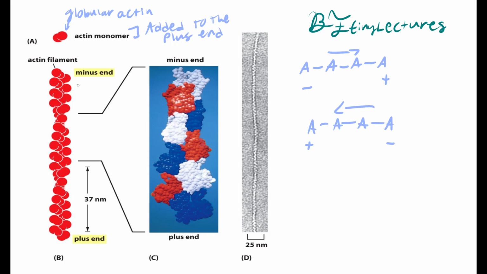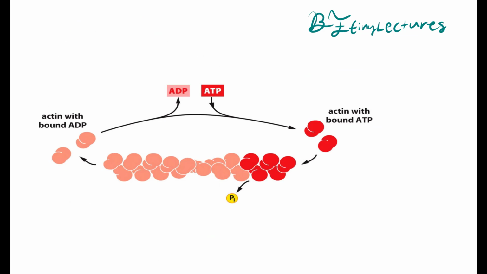Now, when we are creating the actin filament, we twist the fiber, because that offers greater strength to the overall filament. When we are creating an actin filament, we are working with ATP. Therefore, unlike microtubules, microfilaments are ATPases. So actin is an ATPase.